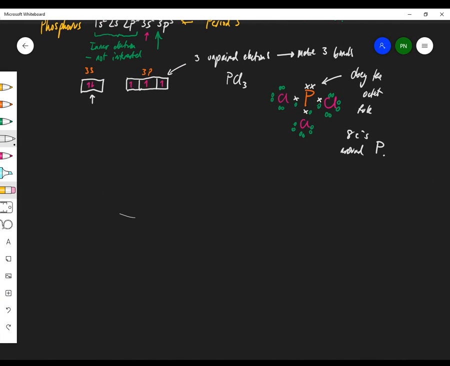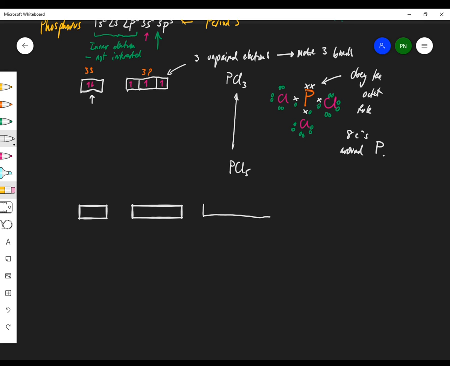But let's have a look at another situation. Now, to mess things up for us, as well as PCl3, phosphorus also forms a PCl5 compound. And we've got to explain this using our model, don't we? So let's have a look. Again, these are the 3s's, these are the 3p's.